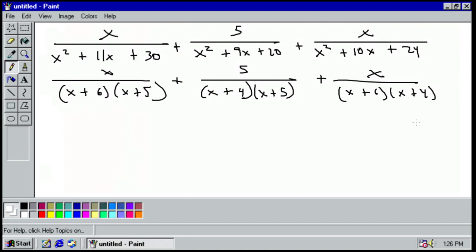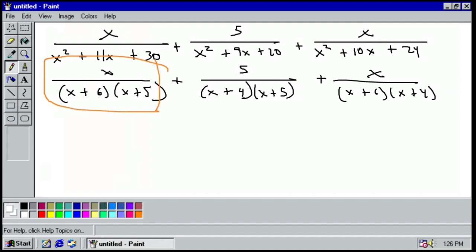Now, we still have unlike denominators, so we need to make them like. As you can see, some of these are repeating: we have x plus 6 here and x plus 6 here. So we're just going to find the factors that are not on a specific fraction.